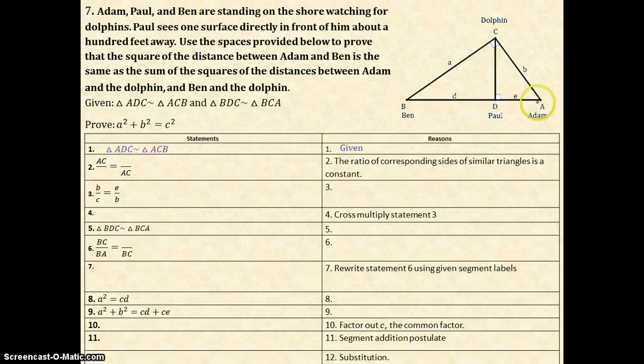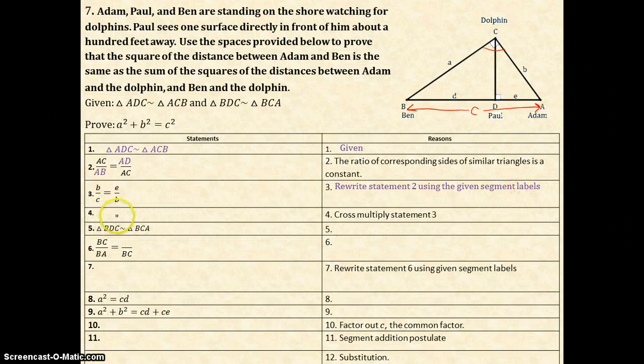Well, e, I can see, it's AD. c is the side that is opposite angle C. So c is this whole length here. So that's segment AB. So e was AD and c is AB. And so now we can just translate this by rewriting statement 2 using the given segment labels.